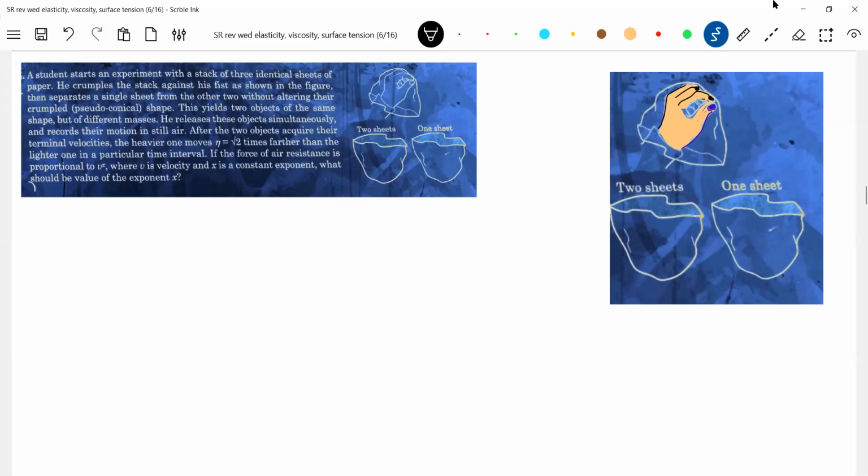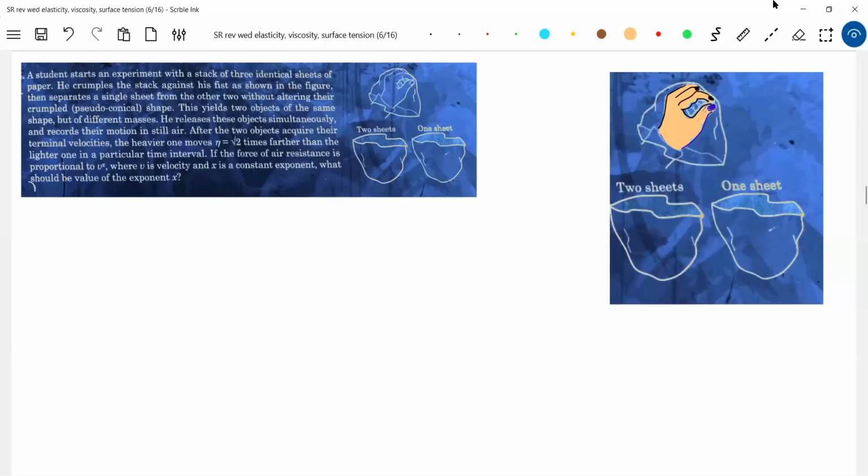When you are throwing paper in a dustbin, what do you do? You just squeeze it and throw it, no? That's what the person will do with the paper. There are 3 sheets. You take 2 sheets, and it will not make a ball.